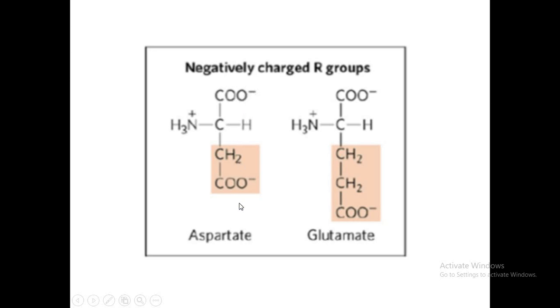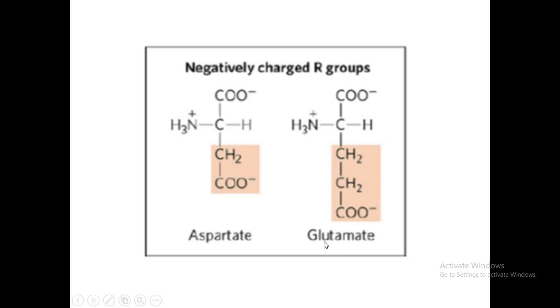Although they have two negative charges and one positive charge, one positive charge and one negative charge cancel each other, and in the end we have one net negative charge overall on this amino acid. So due to this net one negative charge, this amino acid is negatively charged. So these are the two: aspartate and glutamate.